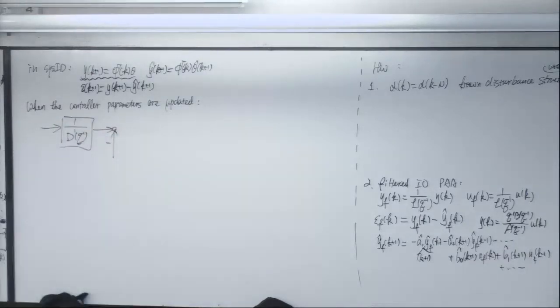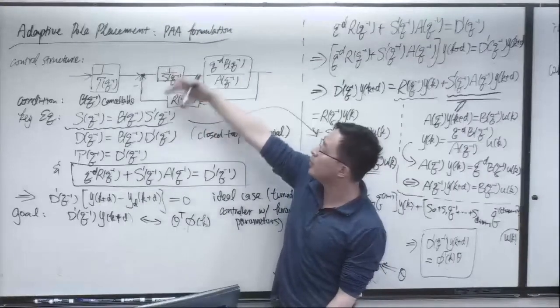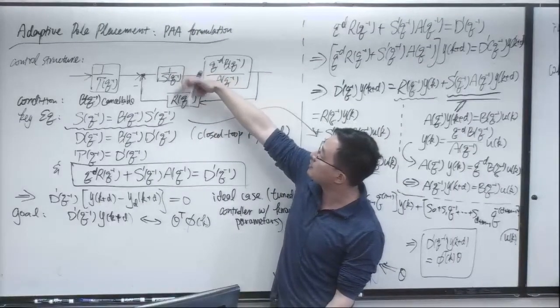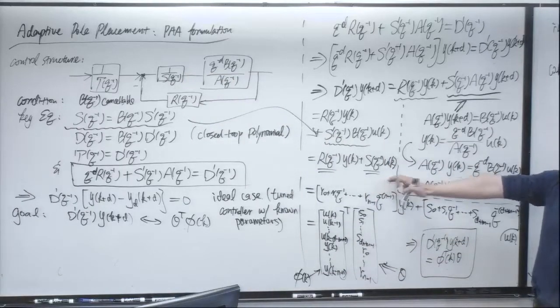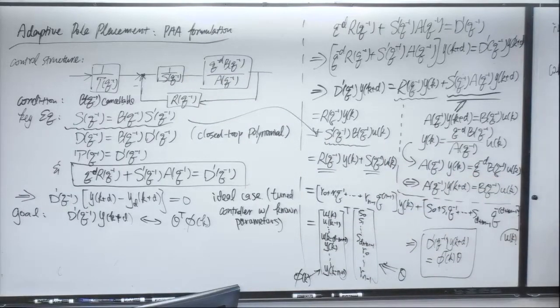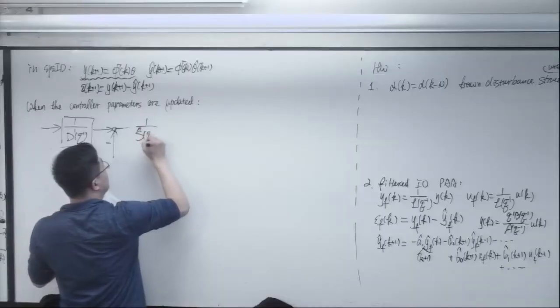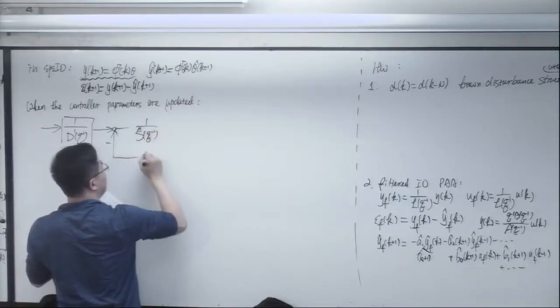Focusing on the left-hand side of the picture, when we really update the parameters of R and S, right? So here, we are not updating it. Now, when we update them, it's going to be S hat, and then R hat.